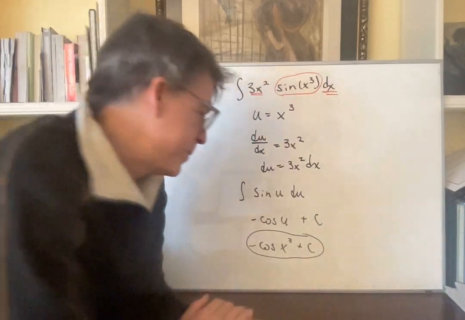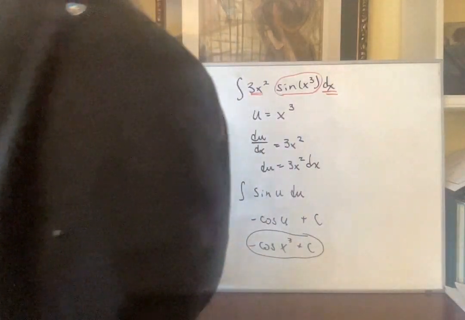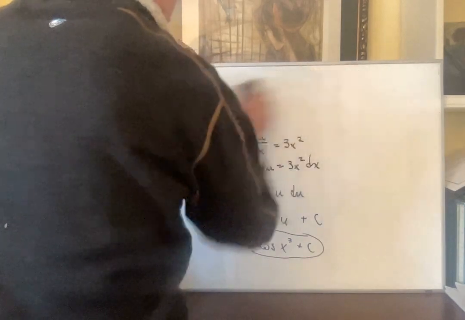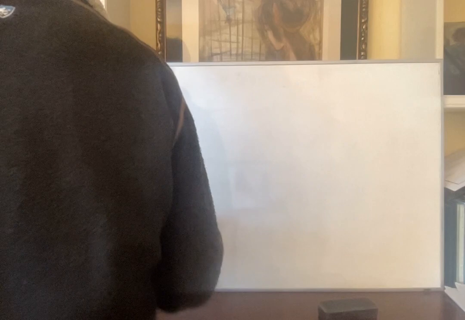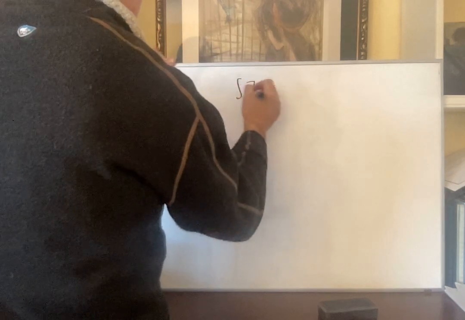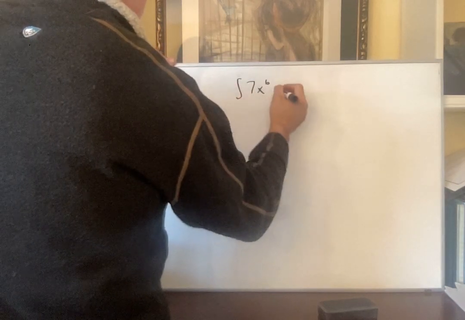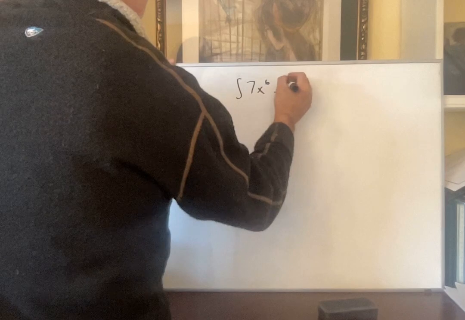Let's do another one. Okay, let's say that I have 7x to the 6th times e to the x to the 7th.